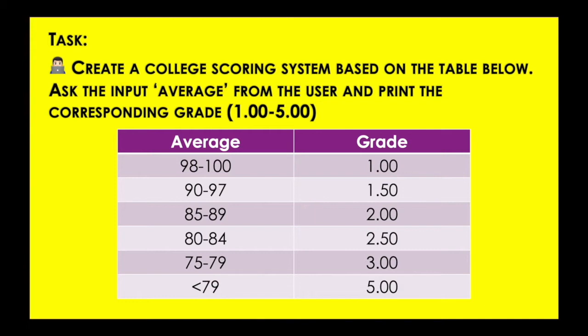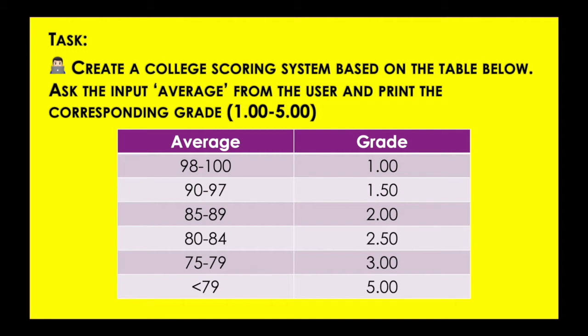If you got an average of 98 to 100, that will reflect as 1.00, 90 to 97 as 1.5, 85 to 89 as 2.00, 80 to 84 is 2.5, 75 to 79 is 3.00, and less than 75.